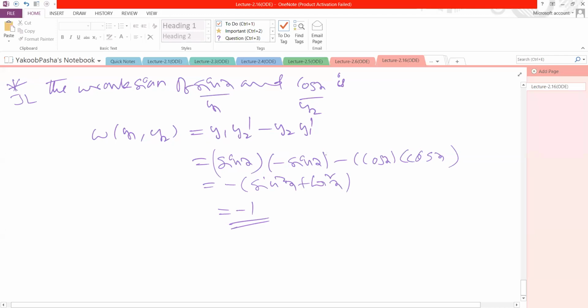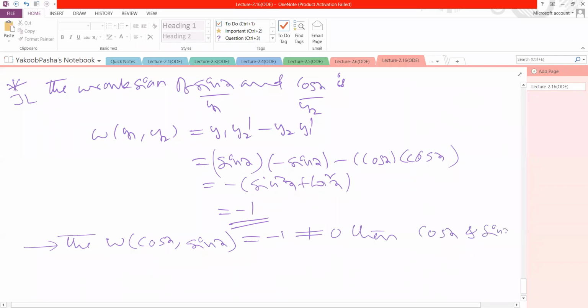Okay, that means here you can observe, I am writing the observation, the Wronskian of cos x comma sin x is equal to -1, which is not equal to 0. Which is not equal to 0 means cos x and sin x, or sin x cos x, whatever the order, okay, I'm taking sin x cos x.